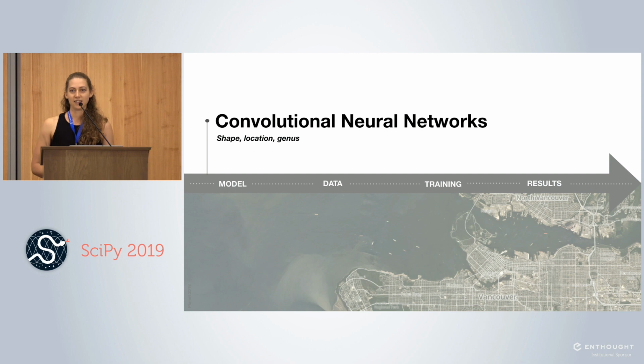And in the next couple of slides, I would like to show you what our workflow for urban tree mapping looks like, which lessons we learned in choosing deep learning models, in generating our training data, in training the models, and the results we achieved.